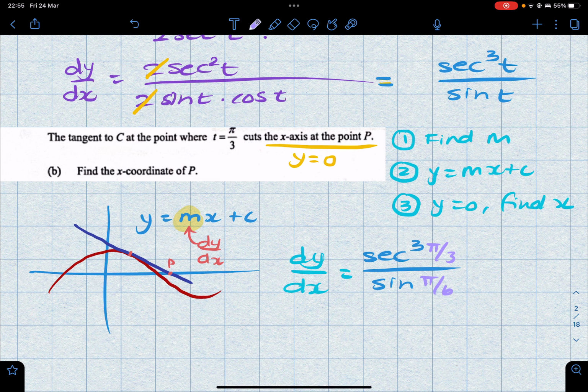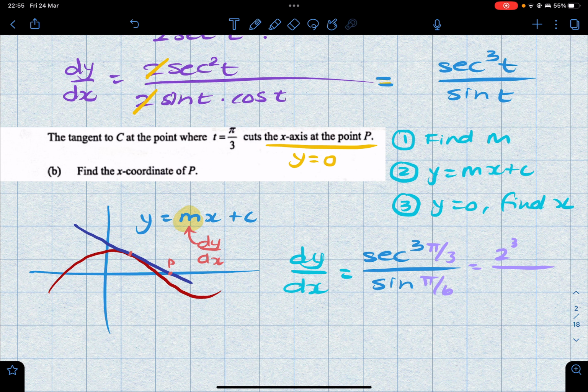Okay, so secant is 1 over cosine, and cosine pi over 3 is half. So that's 1 over half cubed. So that's going to be 2 to the power 3.